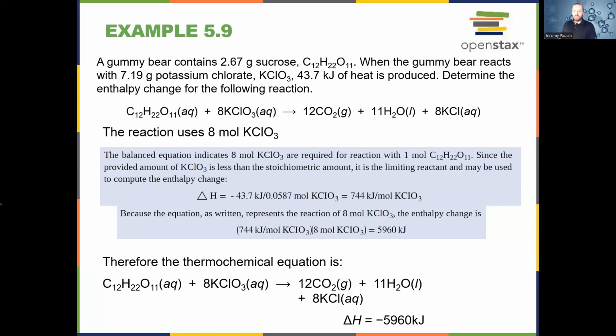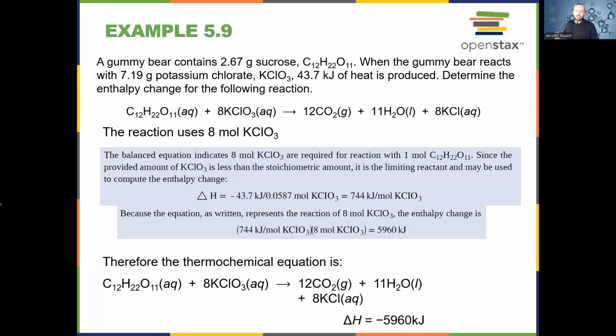So the balanced equation indicates that 8 moles of potassium chlorate are required for this reaction with the 1 mole of sucrose. Since the provided amount of potassium chlorate is less than the stoichiometric amount, it's the limiting reactant, and it may be used to compute the enthalpy change.